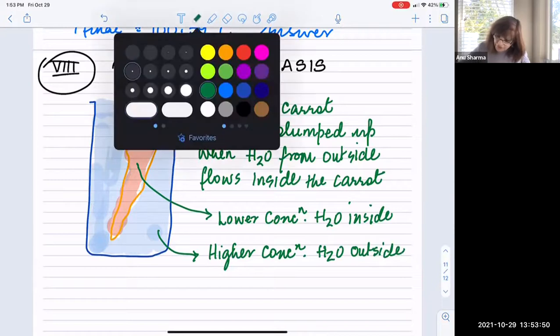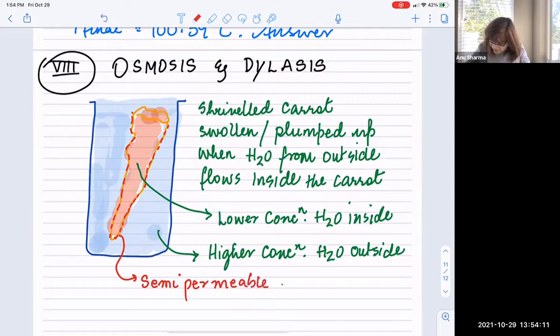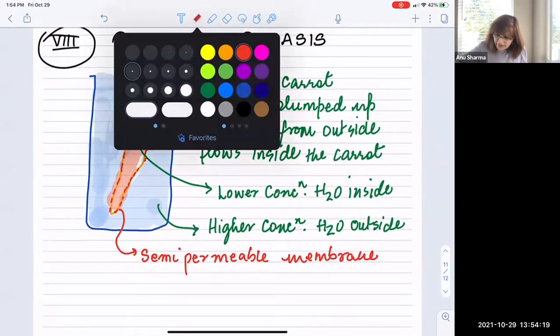So how does the water flow? The water flows through these little holes in these membranes. And what is this? This is called the semi-permeable membrane. So what does the semi-permeable membrane do? The semi-permeable membrane allows the flow of only the water particles and nothing else.